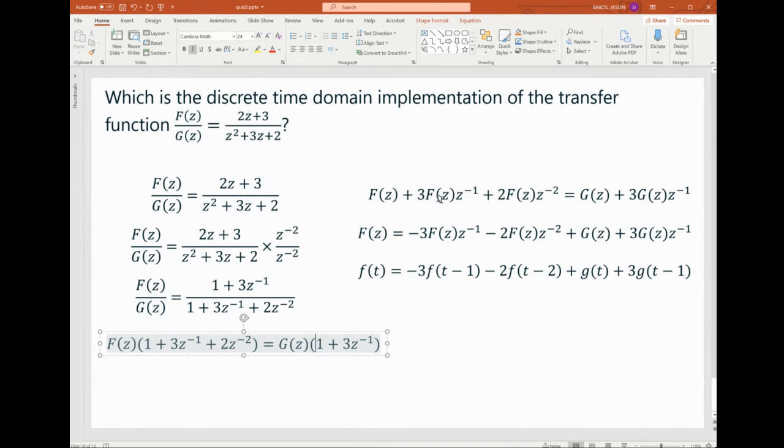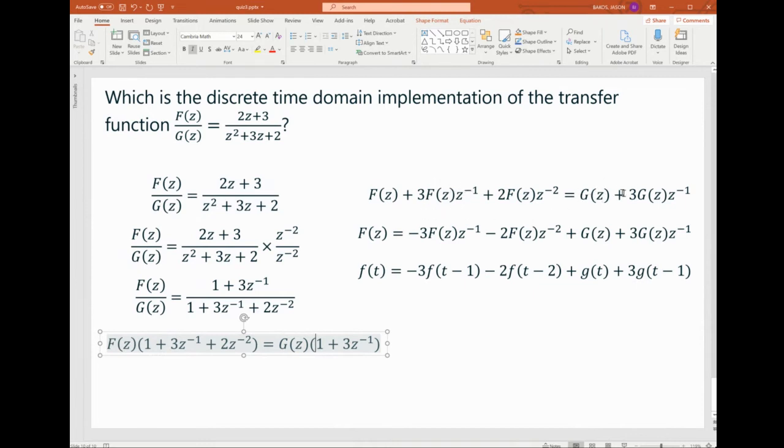So the significance here is that f of z times z to the negative first power represents the value of f in the previous sample when we convert it to the time domain.